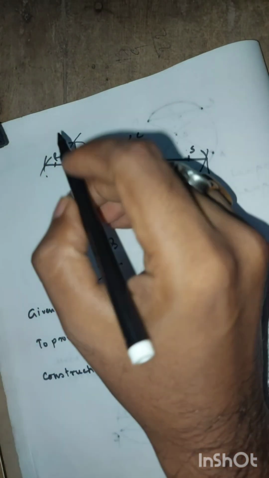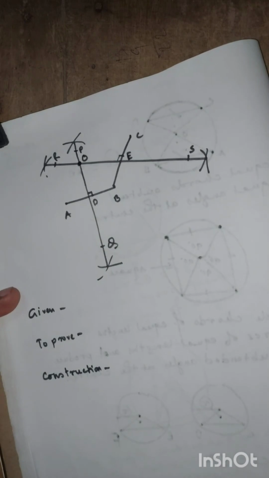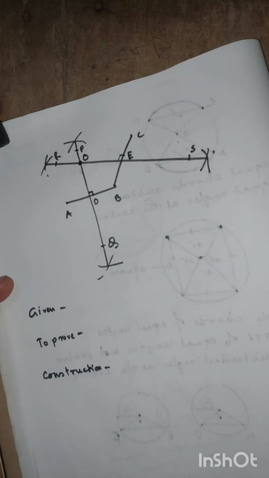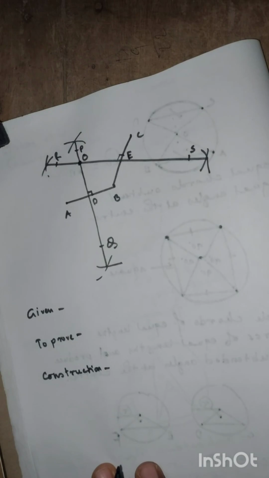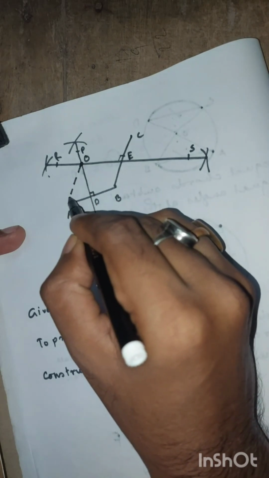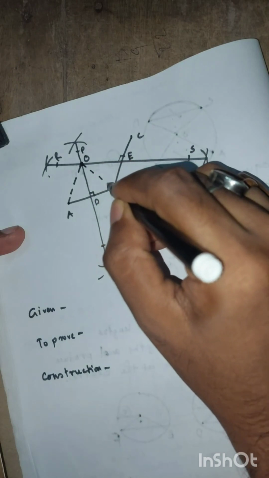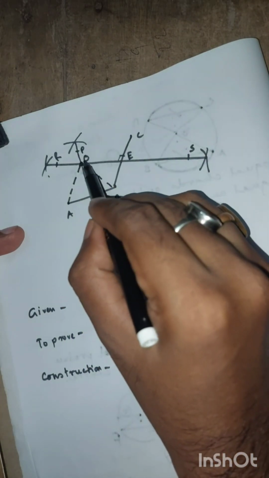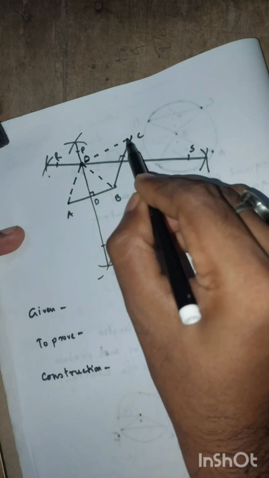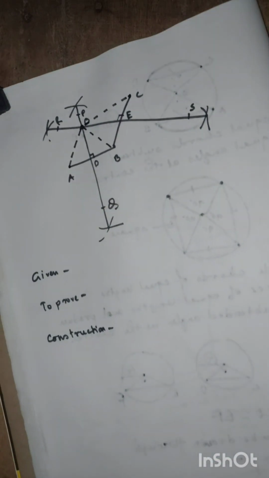Let the point be O. Now we are joining OA, OB and OC. Okay, so this is our construction part. Now let us prove.